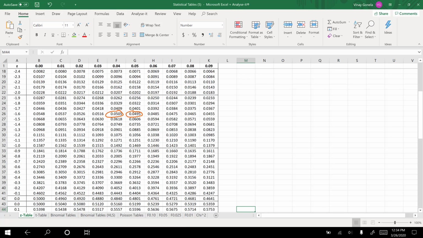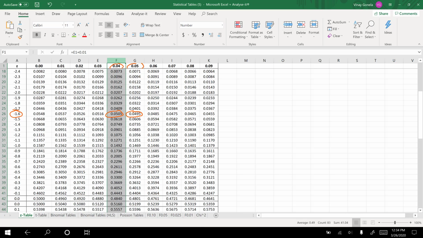Usually I tend to take even numbers, that's what I like, but you can take odd also. So this is negative 1.64 or negative 1.65.